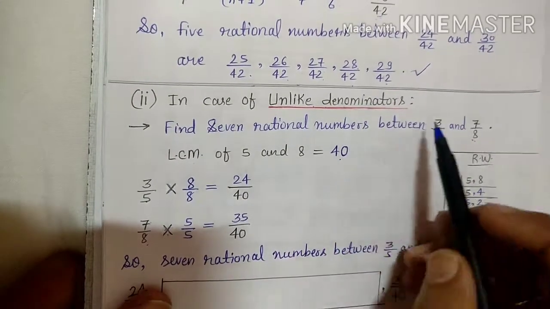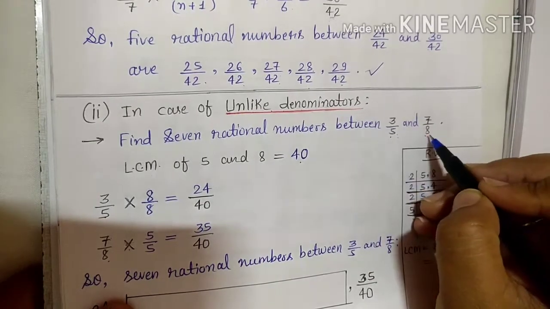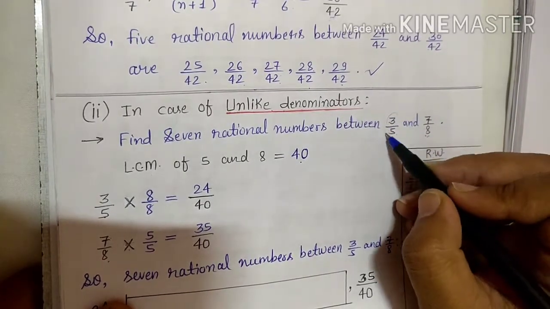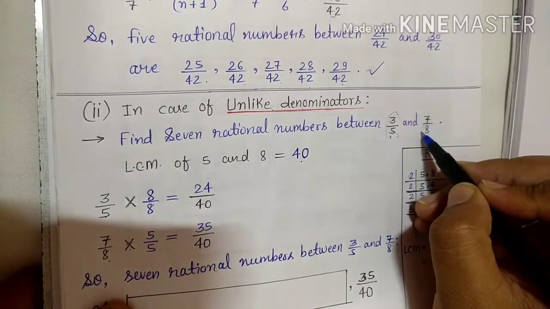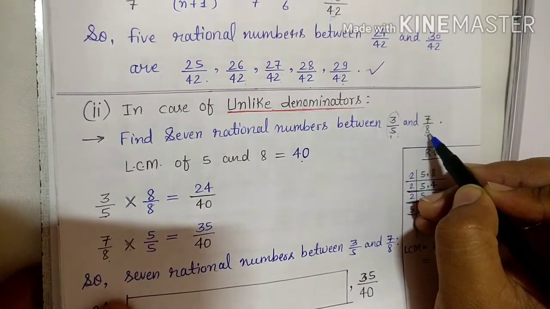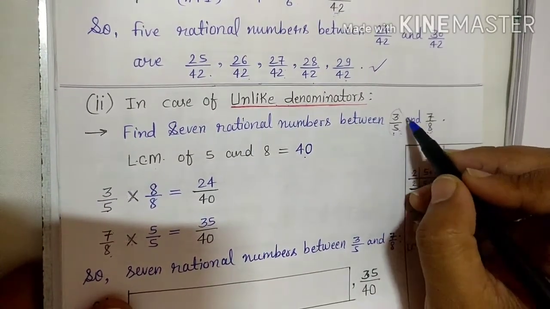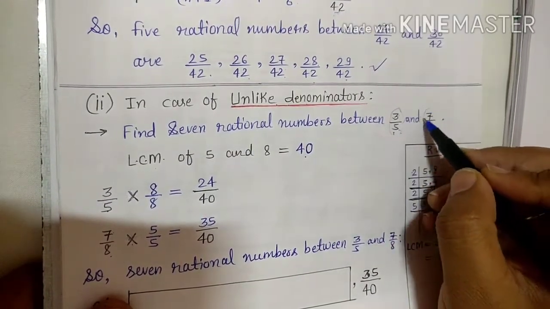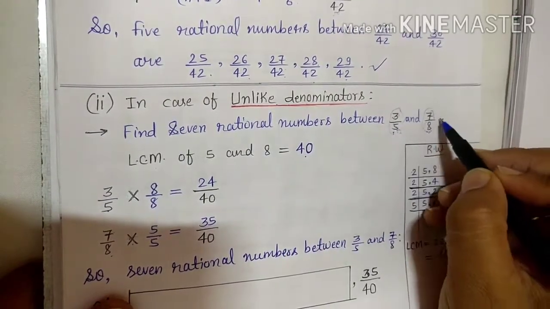The best method is to multiply the denominator of the first fraction by the denominator of the second fraction. The denominator of the second fraction is 8. So 3 upon 5 multiplied by 8 upon 8. In the same way, 7 upon 8 multiplied by 5 upon 5, because 5 is the denominator of the first fraction.